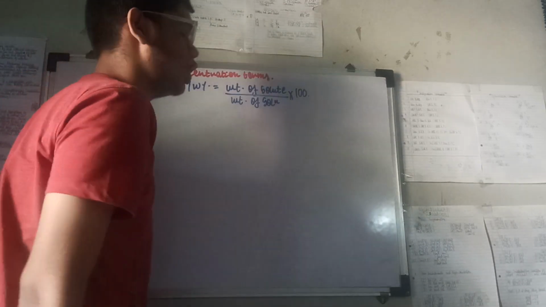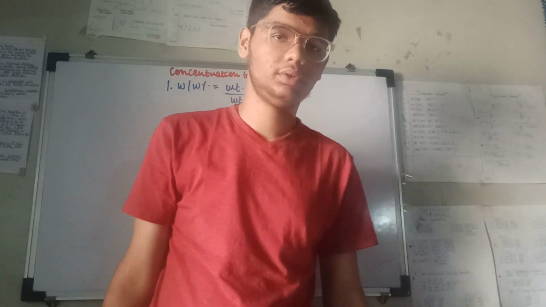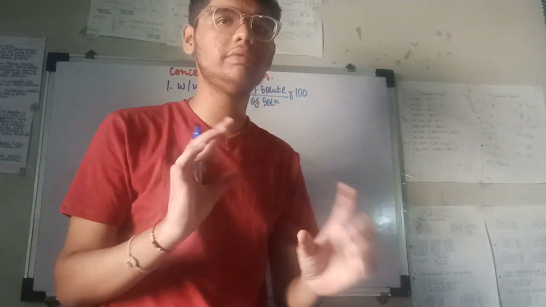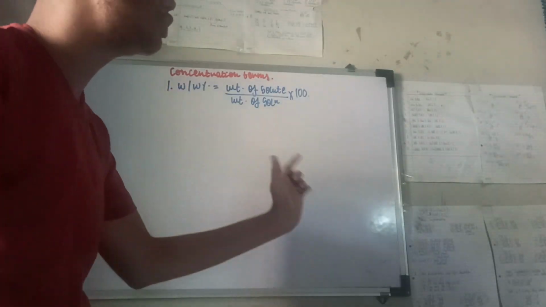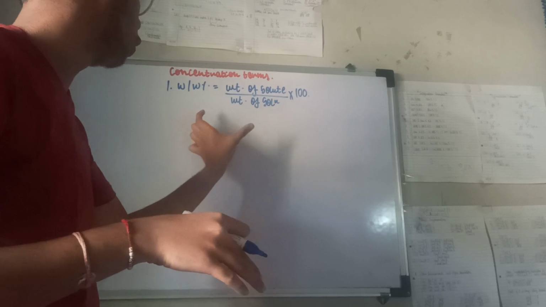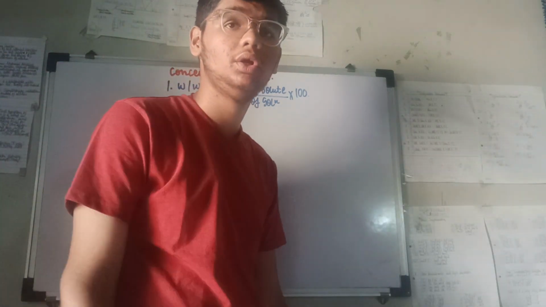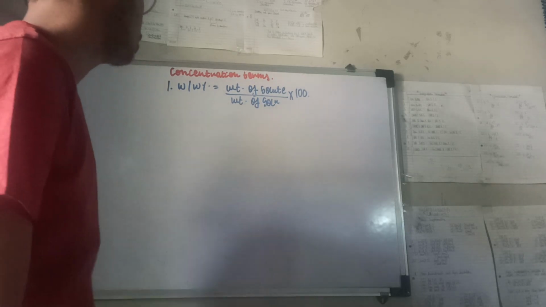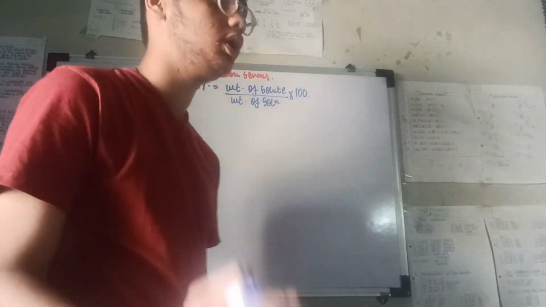This is also called mass percent. In percentage composition, we use the same formula, like mass of a particular element divided by total mass of the compound into 100. That we use for mass percentage. So this is the first concentration term, weight by weight.